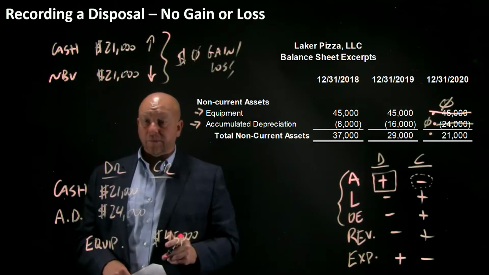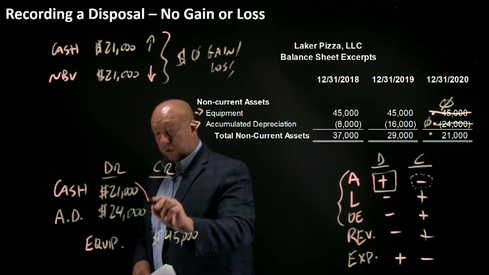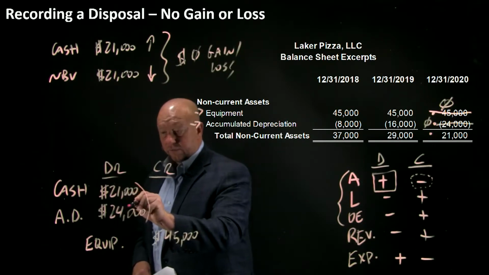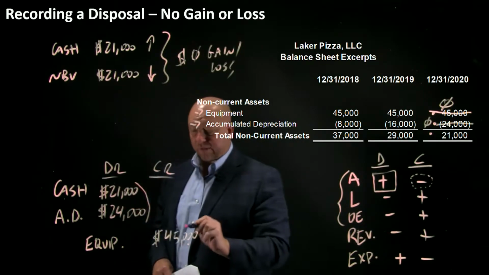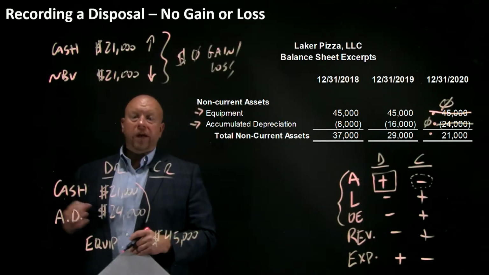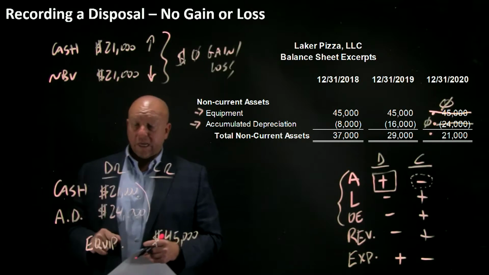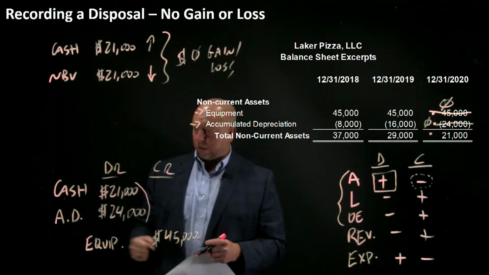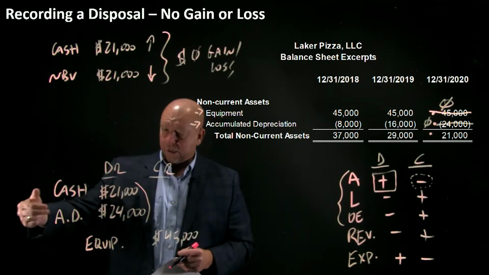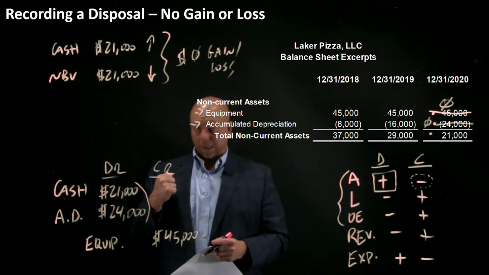So nothing is impacting the income statement, and our journal entry balances. These total to $45,000. So your total debits are $45,000. Your total credits are $45,000. Certainly you could have a journal entry that's balanced and still has errors, but in this case, it balances, and you can see cash is going up, accumulated depreciation is going away, and so is the equipment balance.